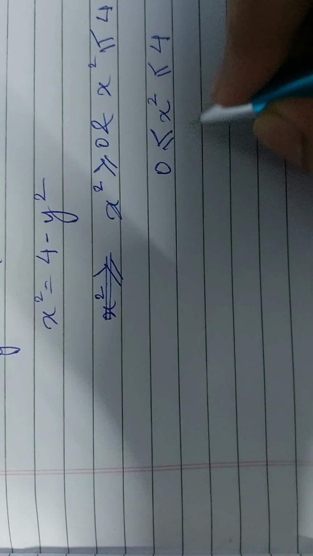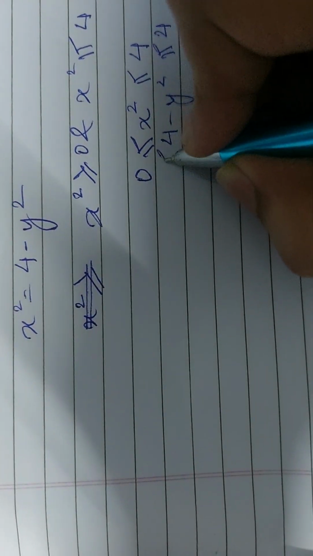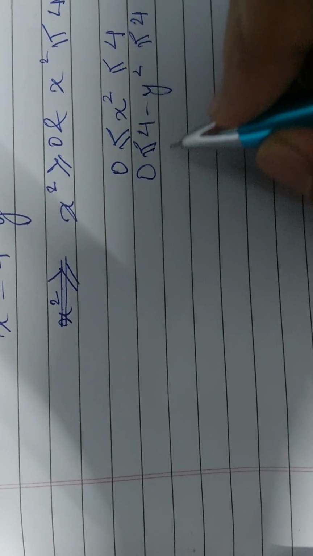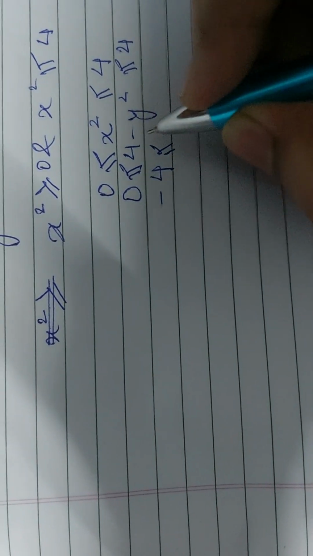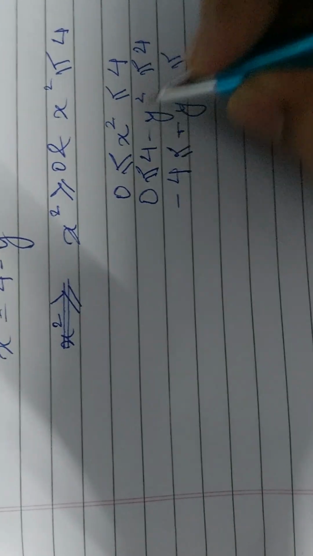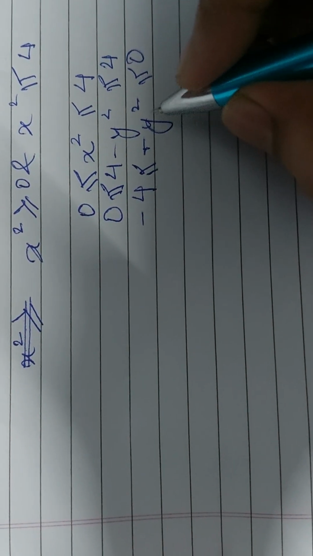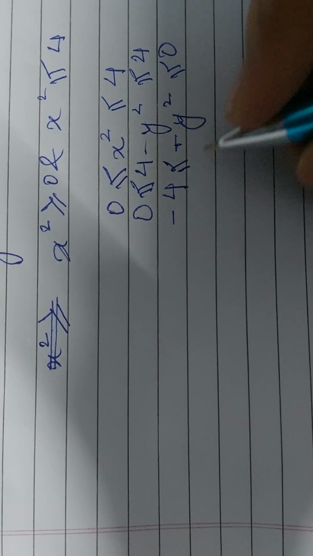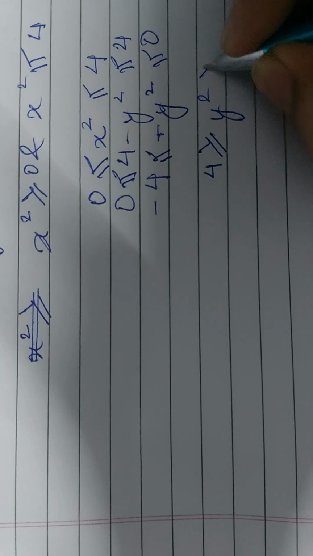Now x square is 4 minus y square. If we subtract 4 from all sides, we get minus 4, 0 and so on, and we need to turn it positive, so we change the signs here.